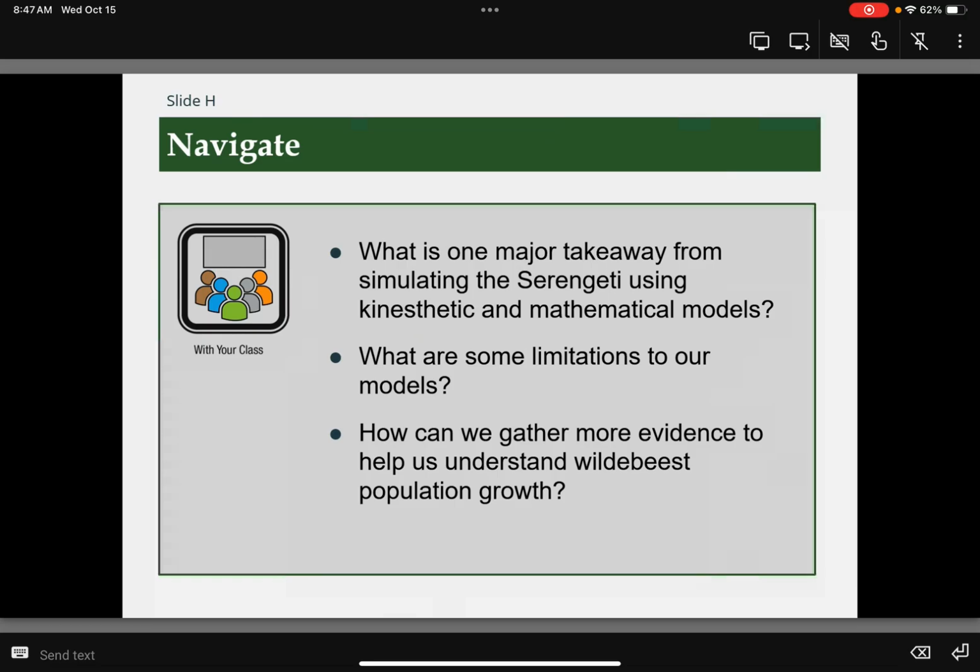So what were some limitations to that? We didn't do the horns good enough. No, that's not what I'm talking about. I'm talking about when we think about the wildebeest and the grass and what happens to them throughout the course of the year, not the things that we were doing.